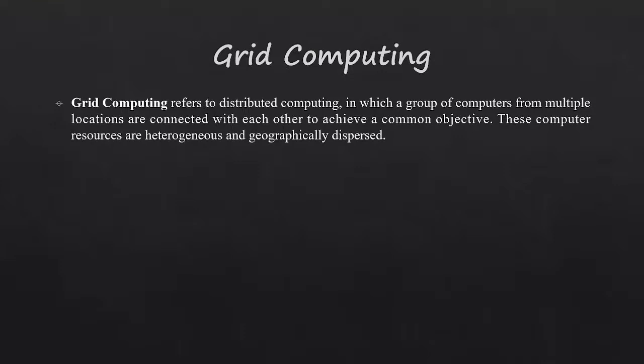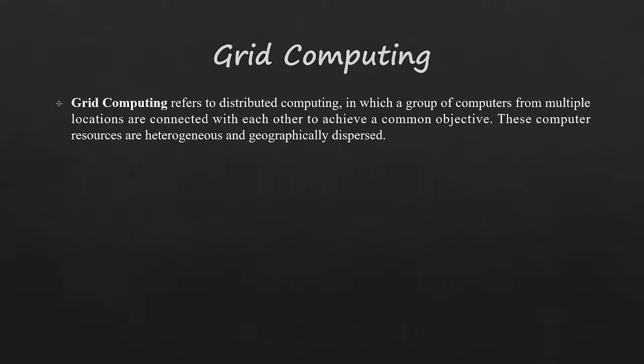N number of students are connected to me, for example, and they are on different locations, and we all are connected to each other with one particular point, which is this program in which you are present right now. And it is a kind of a grid, because we are having a common objective.